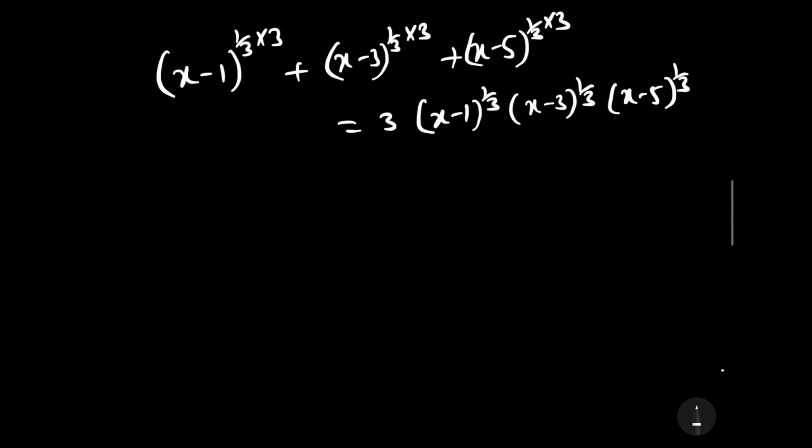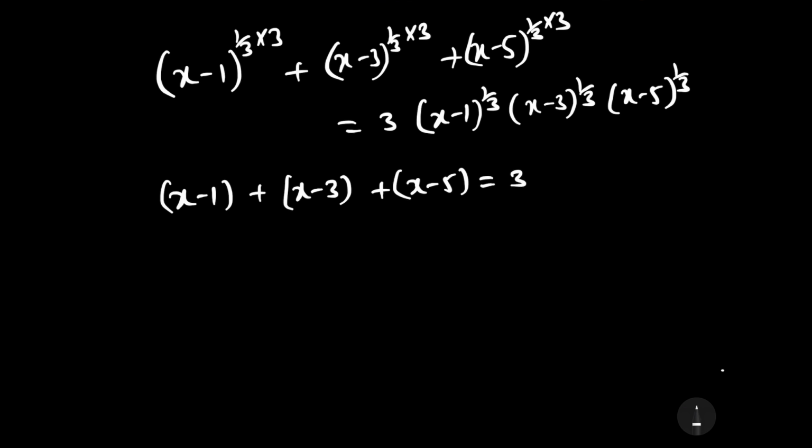Further, we can write it as x minus 1 plus x minus 3 plus x minus 5 is equal to 3 times (x minus 1) to the power 1 by 3, (x minus 3) to the power 1 by 3 and (x minus 5) to the power 1 by 3.